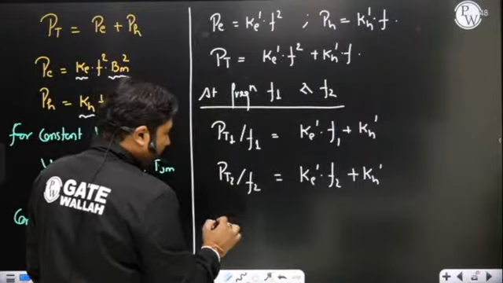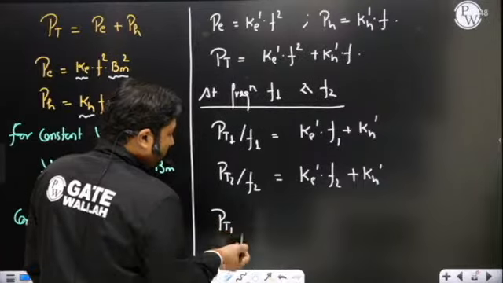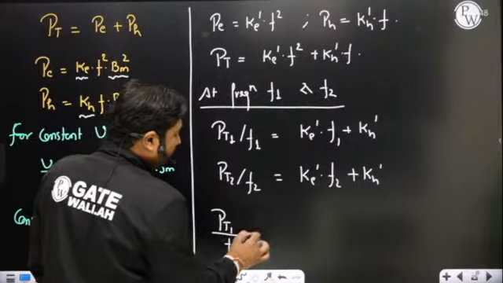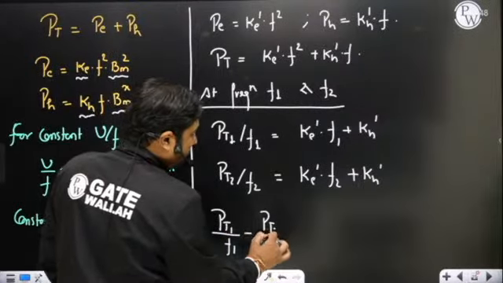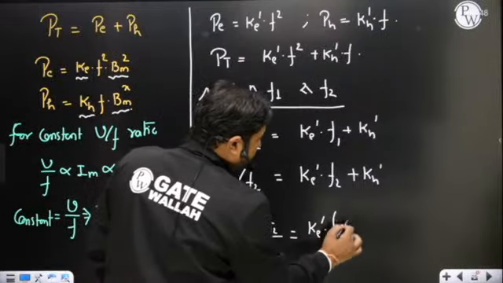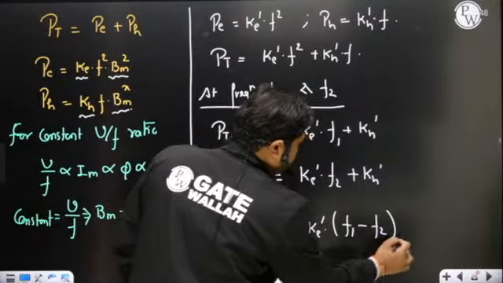By subtracting, Pt1 by F1 minus Pt2 by F2 is equal to Ke dash into (F1 minus F2).